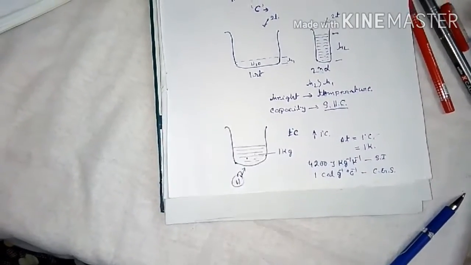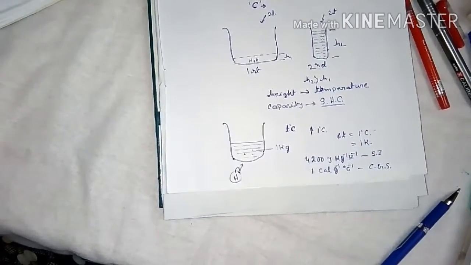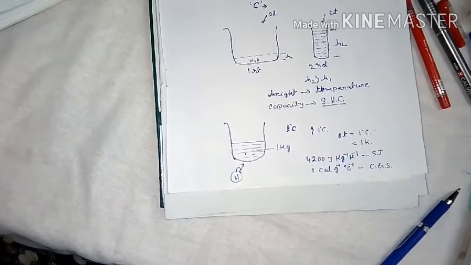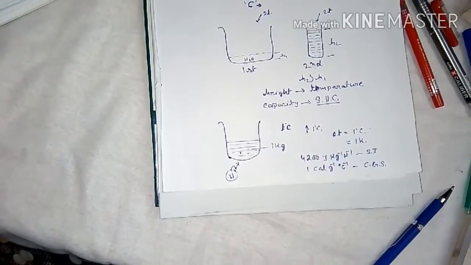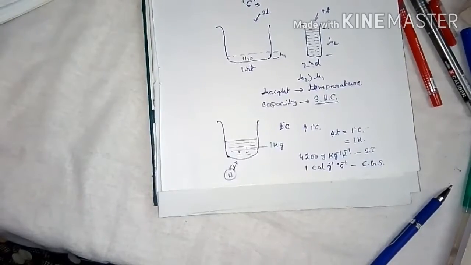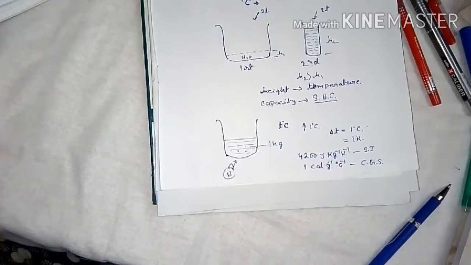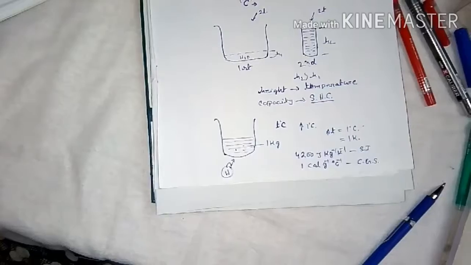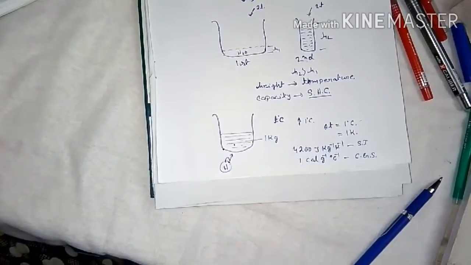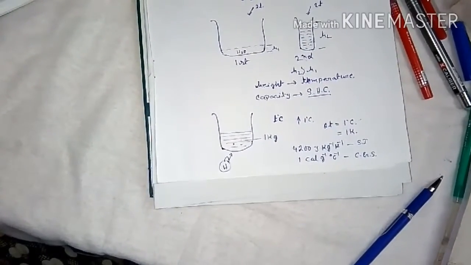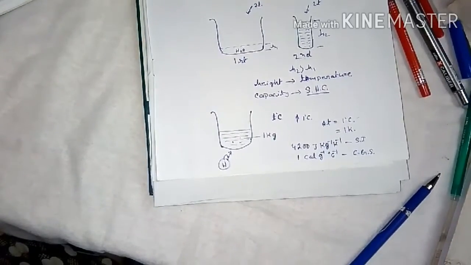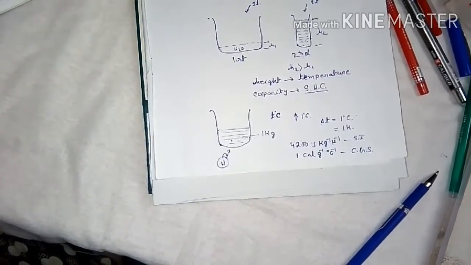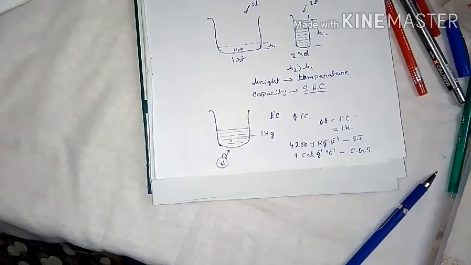This was the concept of specific heat capacity. So we can realize that for a material which has a lower specific heat capacity, the change in temperature is more than that of a material with higher specific heat capacity.